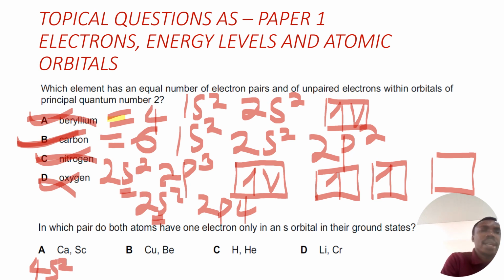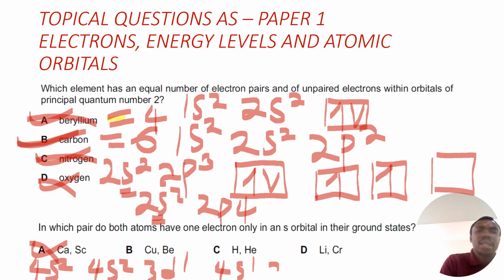If you look at scandium, scandium is 4s2, then 3d1. So the answer is not scandium. Now let's go to copper. If you look at copper, copper is 4s1, then 3d10.